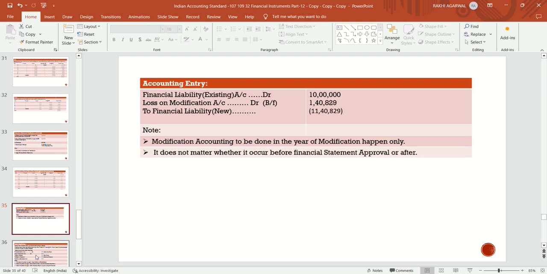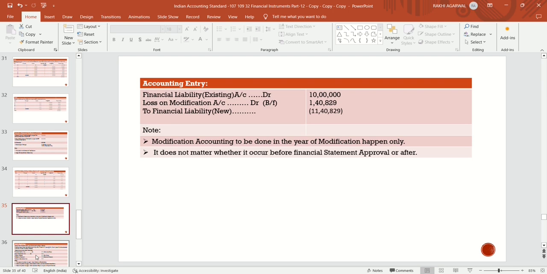Note, modification accounting is to be done in the year of modification. When the modification happened, on that date only, in that year only, modification accounting is to be done. It does not matter whether it occurs before the financial statements are approved by the shareholders or after. It will be accounted in the year in which the modification takes place.